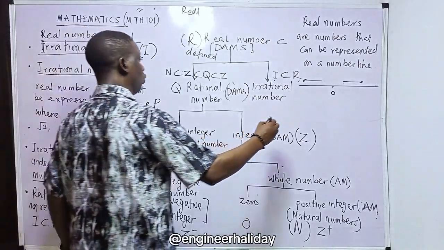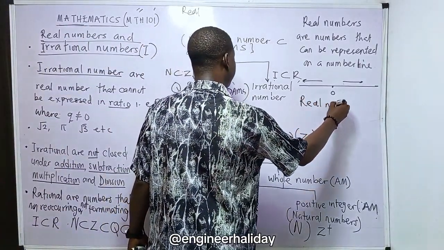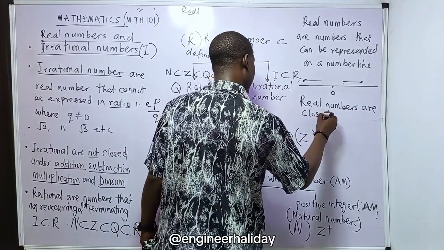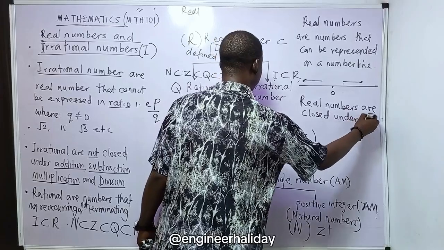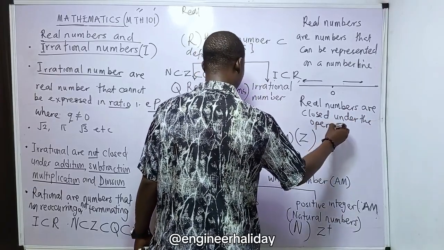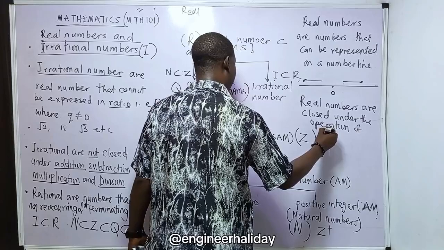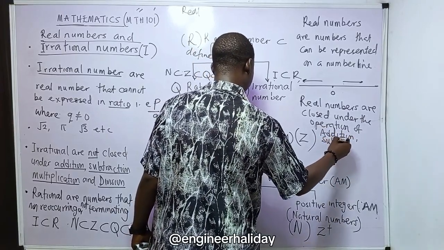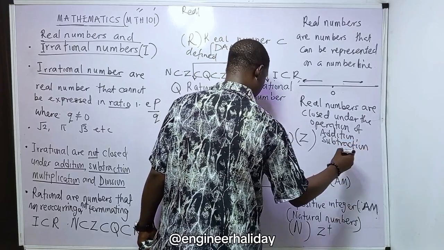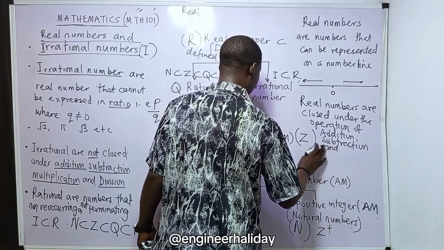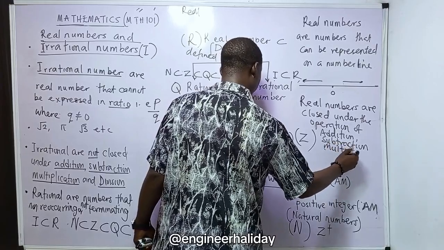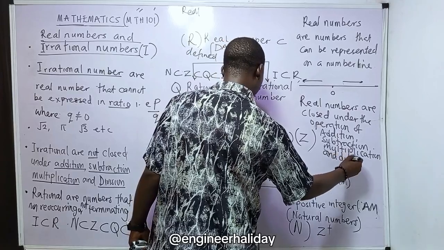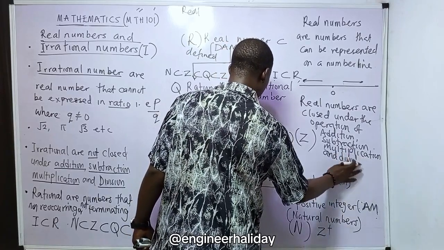And real numbers are closed under the operations of addition, subtraction, multiplication and division, provided the denominator is not equal to 0.